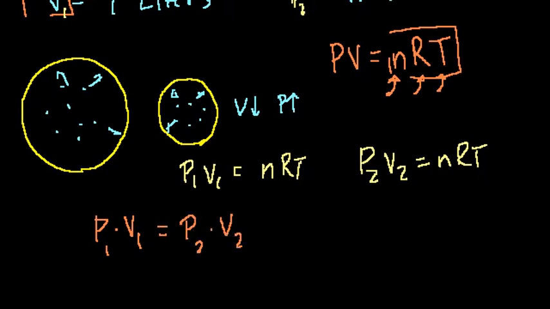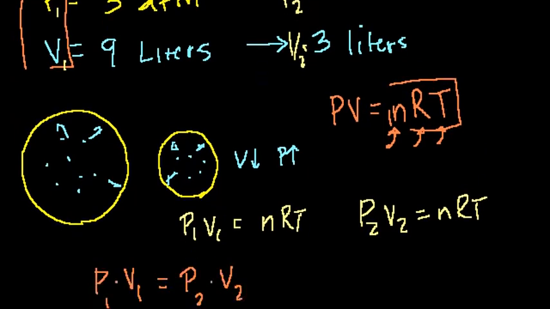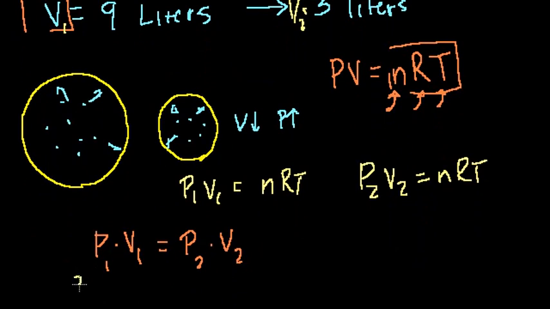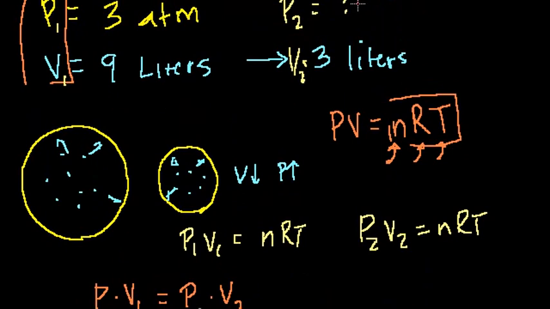P1, our initial pressure, was 3 atmospheres. So we have 3 atmospheres times 9 liters is equal to our new pressure times 3 liters. If we divide both sides by 3 liters, the 3 liters cancel out, and we're left with 9 atmospheres.